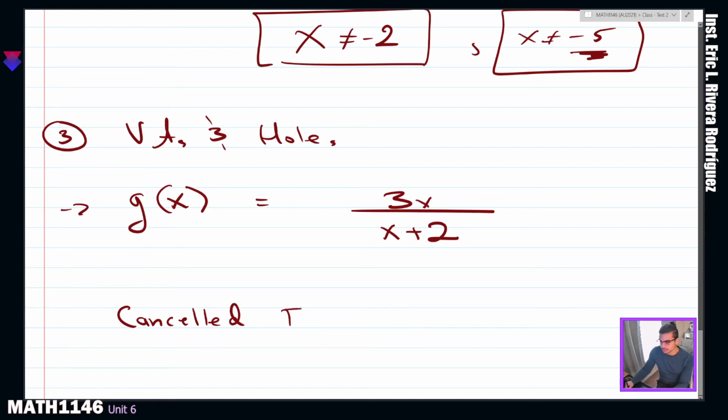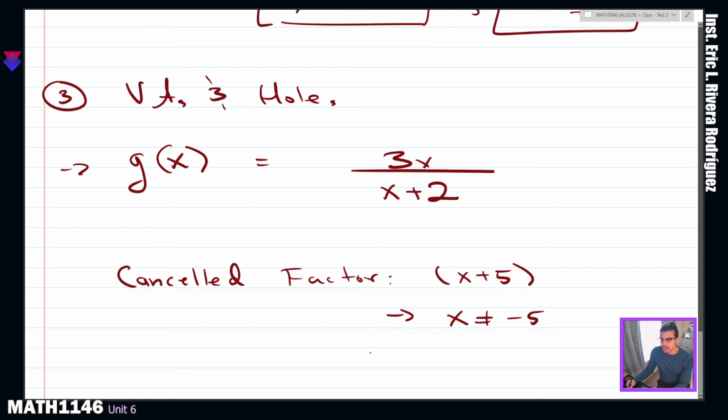Cancel factor is x plus 5. So that's the factor that we cancel, right? From that factor, we got the restriction of x can't be equal to -5. From the canceled factor is that we got the hole on the graph.